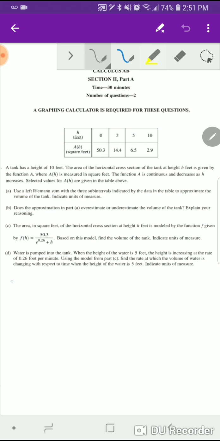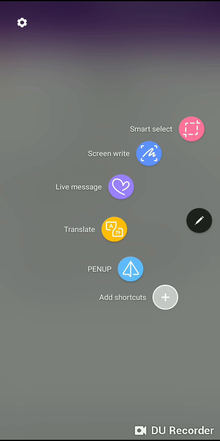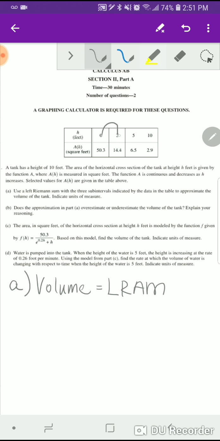So in part A, they ask us for volume. To approximate it, we use a left Riemann sum with 3 subintervals. The first interval goes from 0 to 2, the second from 2 to 5, and the third from 5 to 10.